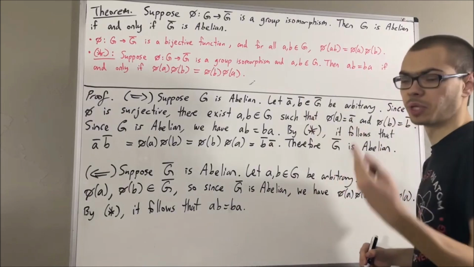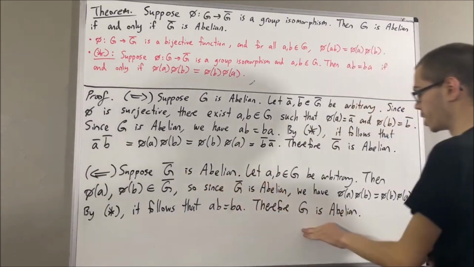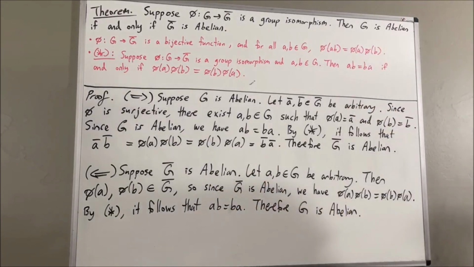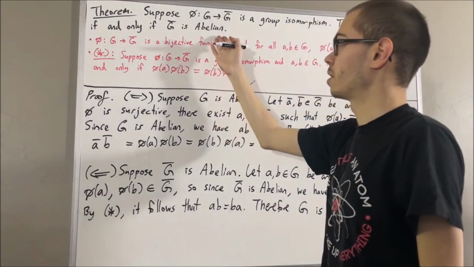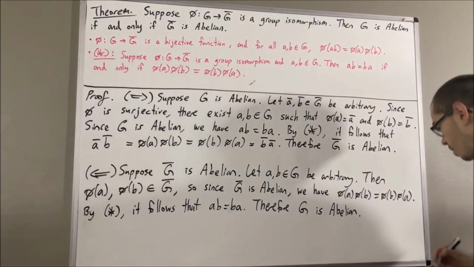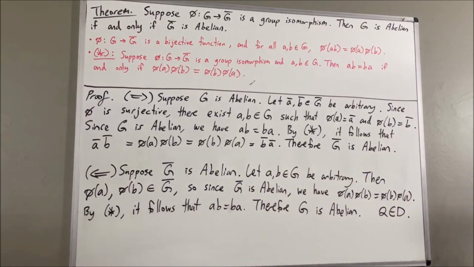Therefore, G is abelian. So we've shown if G bar is abelian, then G is abelian. So this proves the converse. And at this point, we have proven both directions of this statement. So we've proven the theorem. So this completes the proof. And so yeah, that's pretty much it for this video.